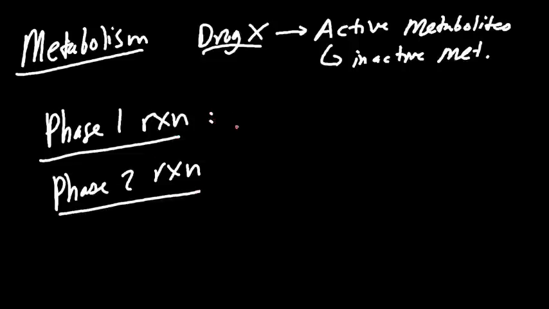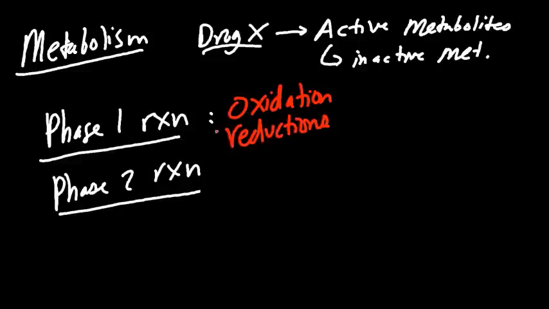Now, phase 1 reactions are going to involve 3 primary processes. And that's going to be oxidation reactions, reduction reactions. Your favorite, I know you love oxidation reduction reactions. And then also hydrolytic, stuff that breaks down water reactions.